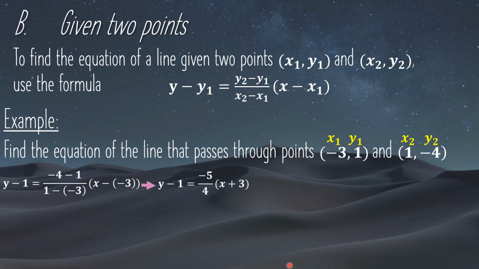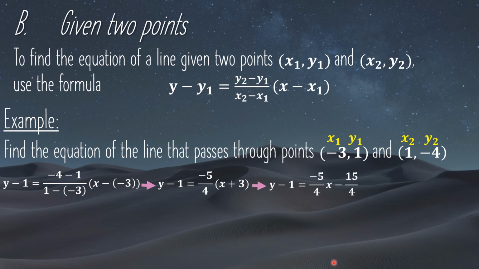So this will now become y minus 1 equals negative 5 over 4 times the quantity of x plus 3. Because negative 4 minus 1 is negative 5. 1 minus negative 3 is positive 4. And then, let us apply the distributive property, negative 5 over 4 to x and positive 3.